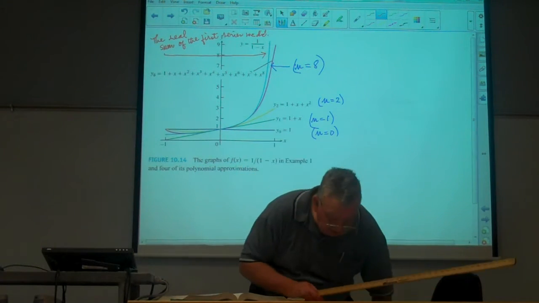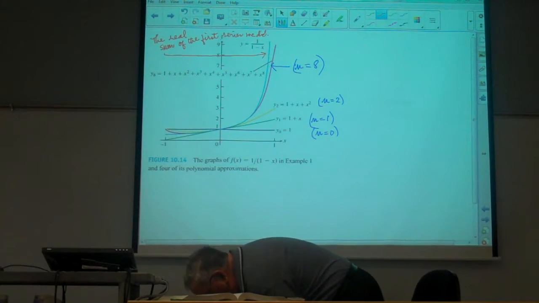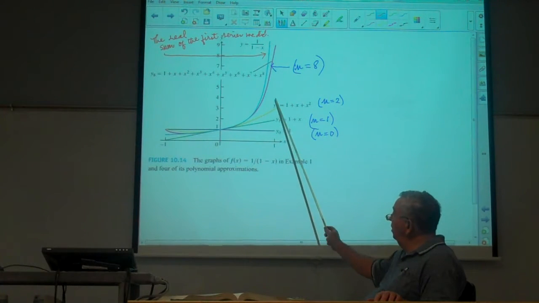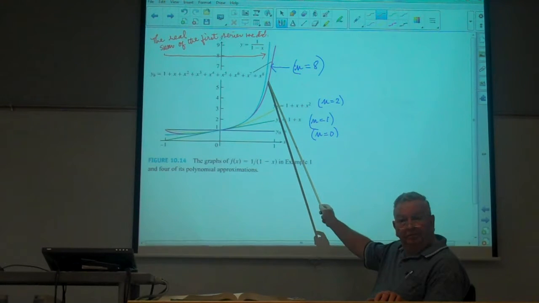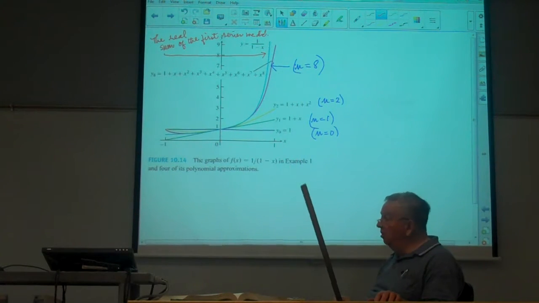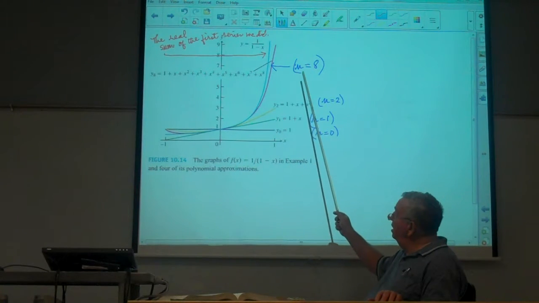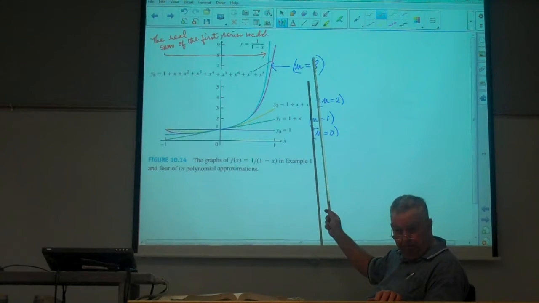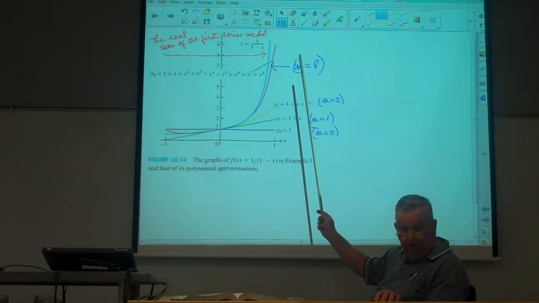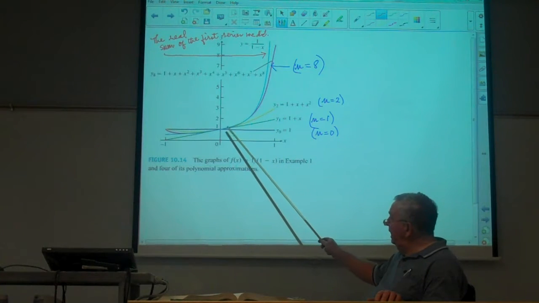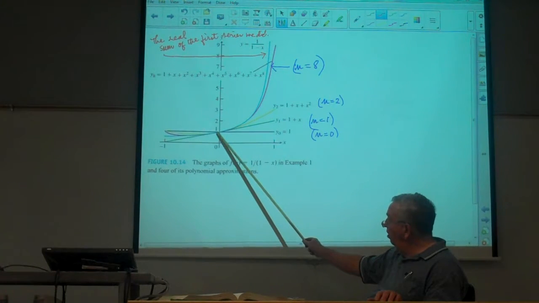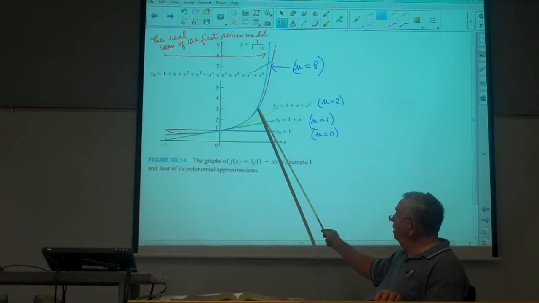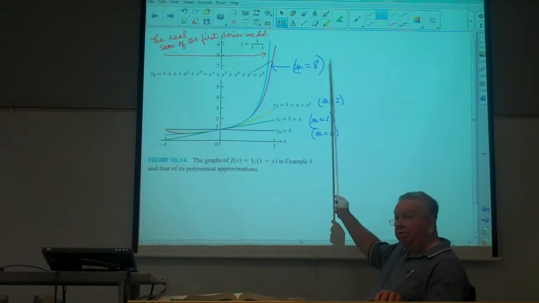So what I'm telling you is, do you notice that as n goes up, look how much better the approximations get? But also look, that first series was around x equals 0. Do you remember that? And it is perfect right there. But the further you get away from that point, notice how it drifts apart.